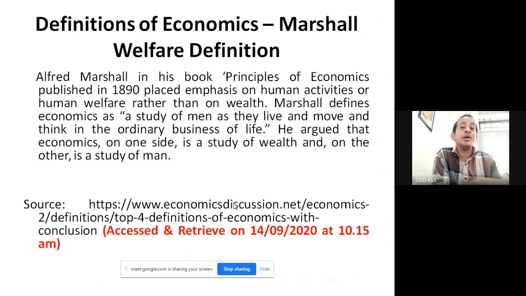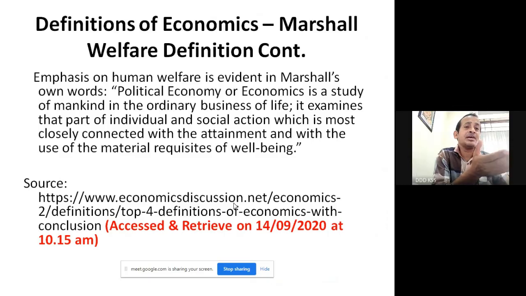The study of men means the study of mankind, which is related to human well-being and human welfare. So this was basically Alfred Marshall. Moreover, in this definition, the emphasis on human welfare is evident in Marshall's own words.